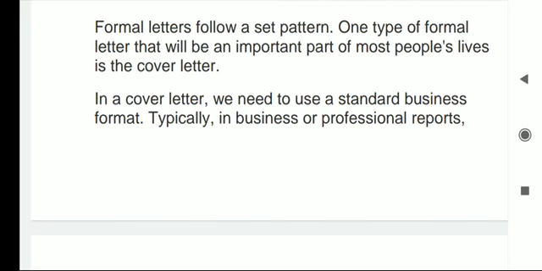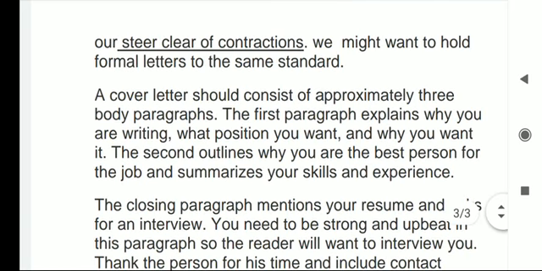In a cover letter, we need to use a standard business format, as in business or professional reports. We steer clear of contractions, and we might want to hold formal letters to the same standard.